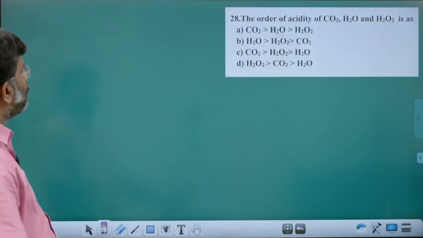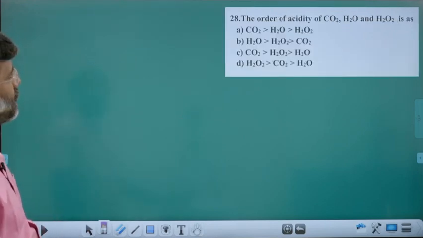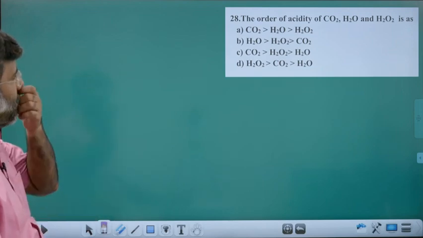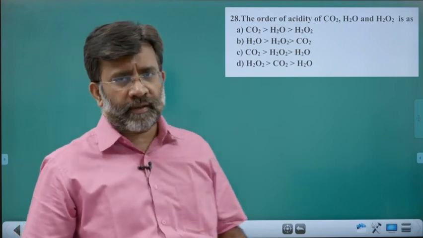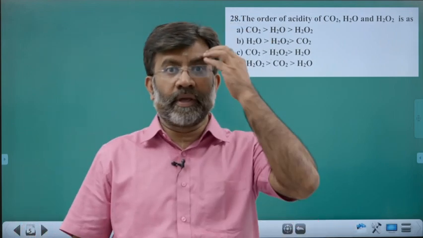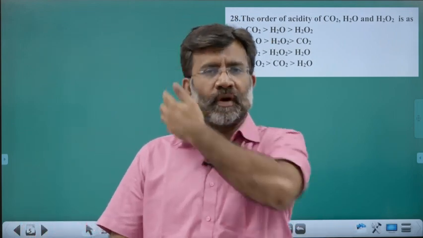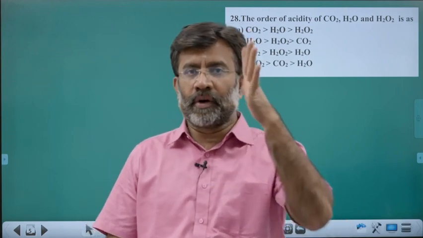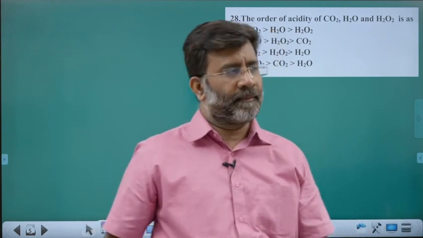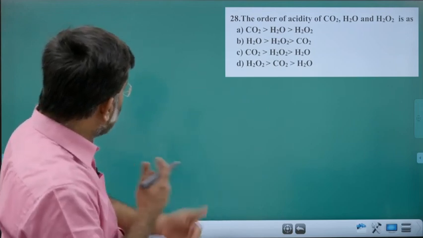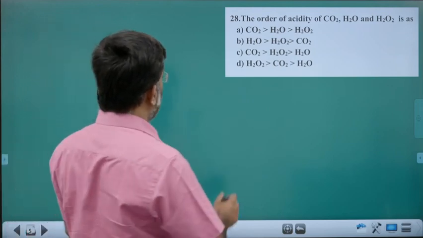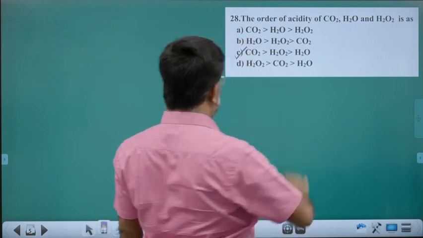Next, the order of acidity of carbon dioxide, H2O, H2O2. CO2 is most acidic, the anhydride of carbonic acid. CO2 with water gives carbonic acid. So CO2 is maximum, the second position is H2O2, and option C is the correct answer.